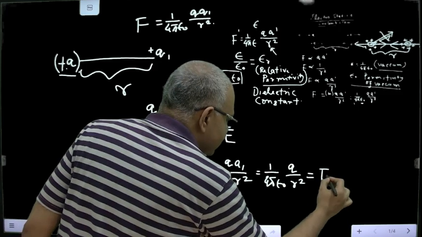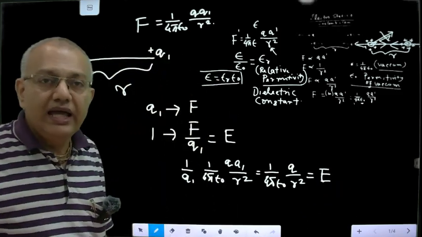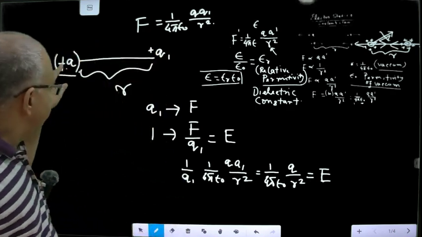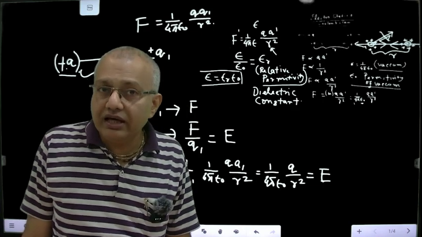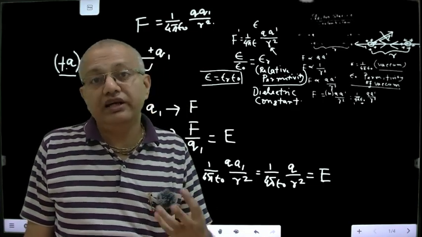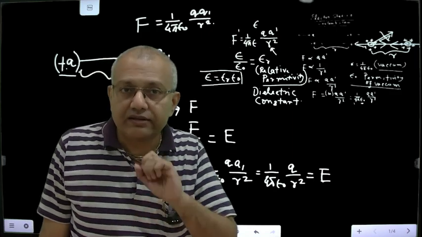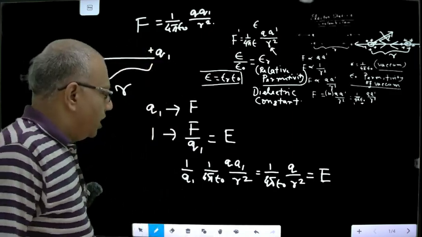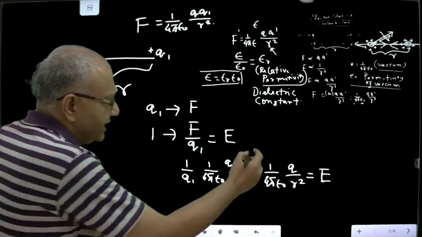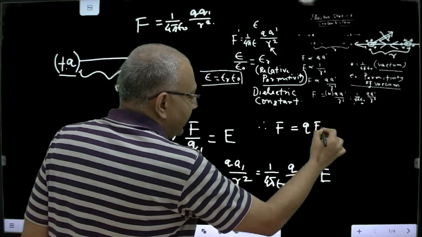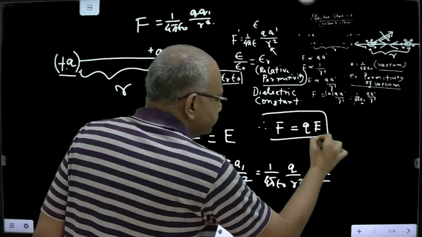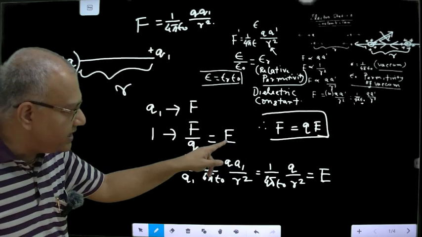We can write this as the expression of the electric field due to this charge at a distance r. I think the expression of the electric field intensity is clear. Okay, fine. So the expression of force we can write as charge multiplied by electric field. Just like that: charge multiplied by electric field gives force.